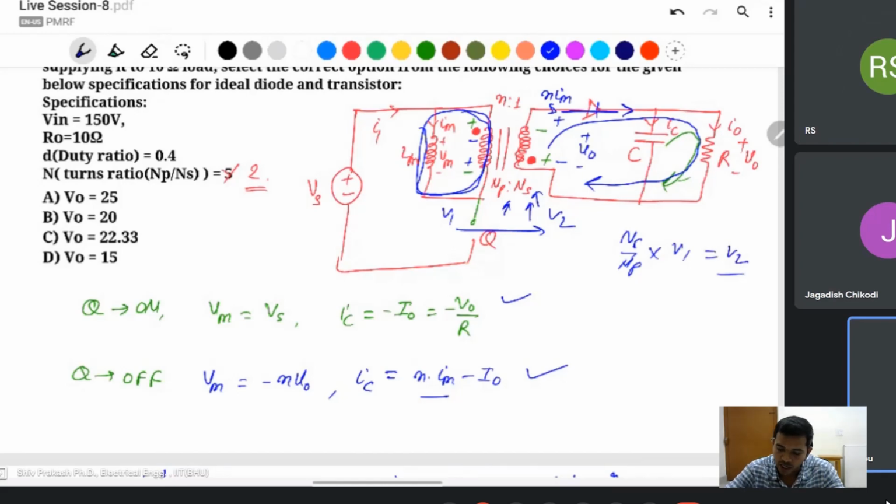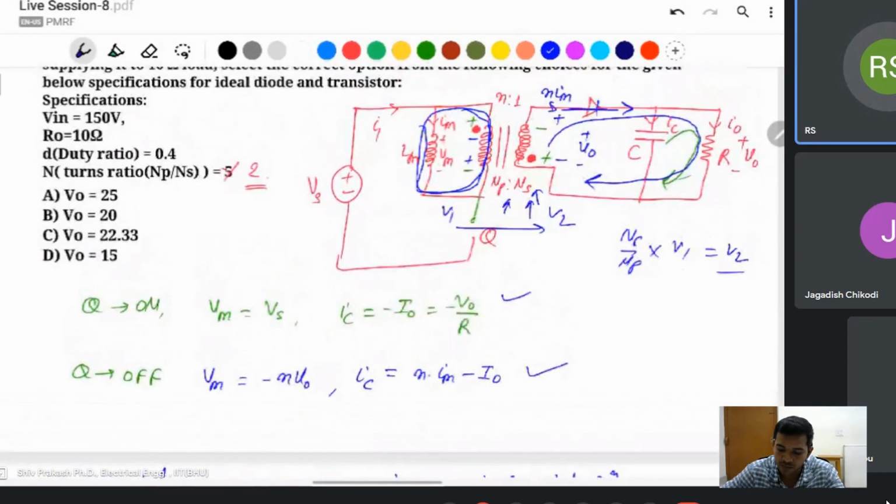Same thing if you transfer current, then it is the opposite. Because this one is the higher voltage potential and this one the lower voltage potential, if you calculate the power on primary and secondary side, the secondary side current is more and the primary side current is less. That's why n multiplies the secondary side for transfer.